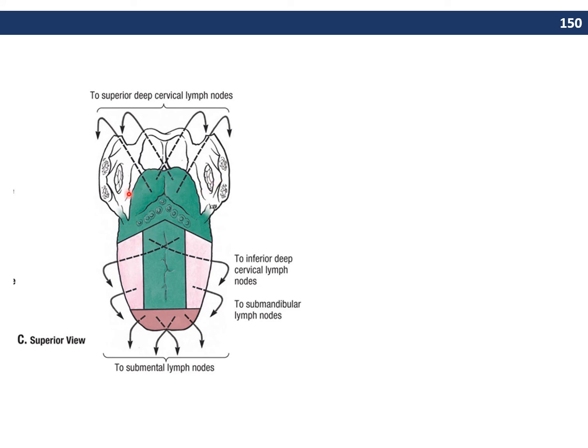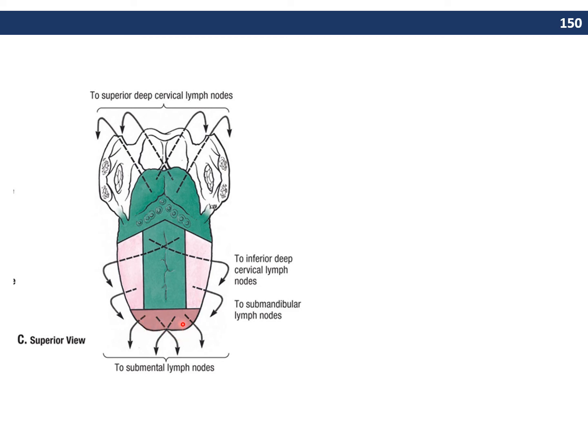So, lymphatic drainage of the tongue: the posterior one third of the tongue drains posteriorly to the superior deep cervical lymph nodes. That's not surprising. And then, more anteriorly, the middle portions of the tongue drain to the inferior deep cervical lymph nodes, whereas the more anterior portions will drain to the submandibular lymph nodes, which are superficial lymph nodes, and eventually those submandibular lymph nodes drain to the inferior deep cervical lymph nodes.